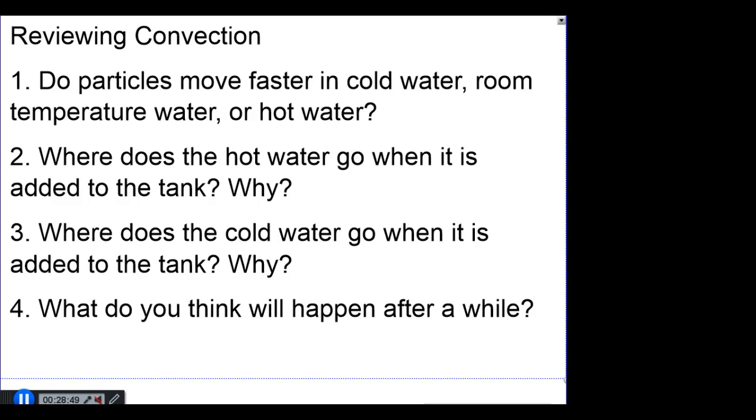In which of these containers is the particles moving the fastest? The hot water. Okay. Where has the heat come from to make those particles move faster? Radiation in the microwave. What I'm going to do is carefully pour the hot water into the tank. Hopefully I don't drop the beaker.